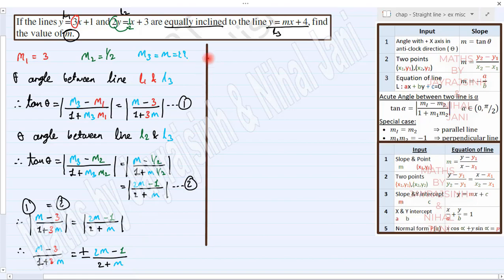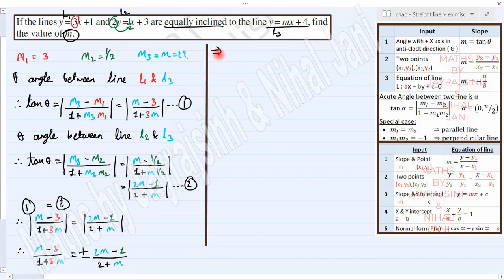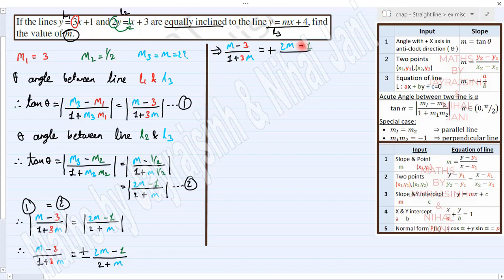So we have to take two different cases. In case number 1, let's take plus. So we'll get m minus 3 upon 1 plus 3m will be equal to 2m minus 1 upon 2 plus m. Now let's cross multiply.